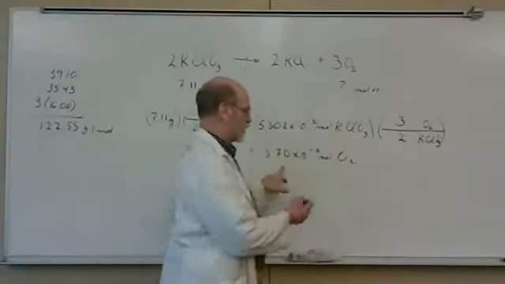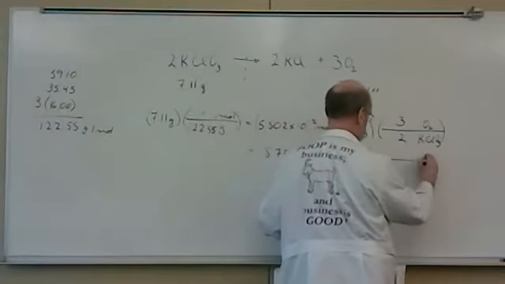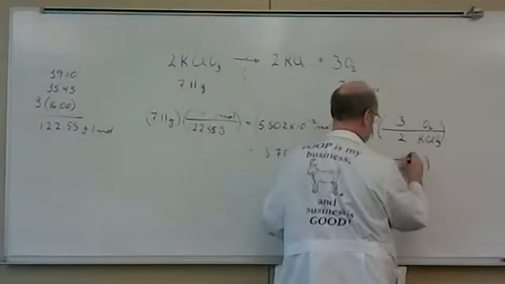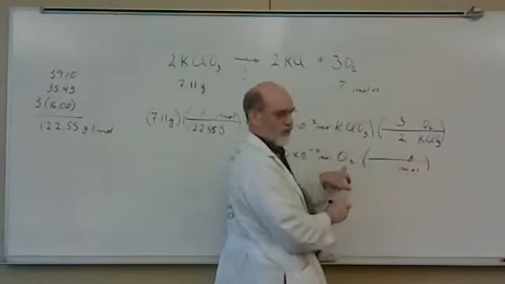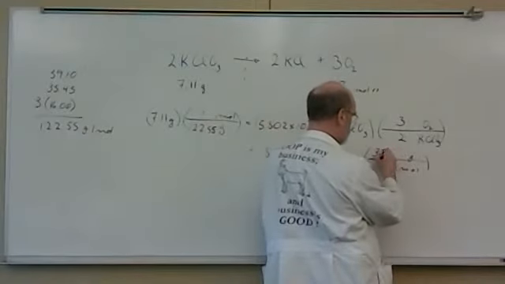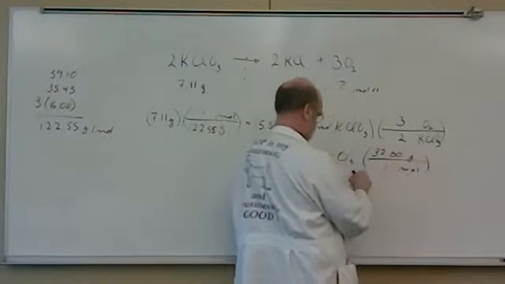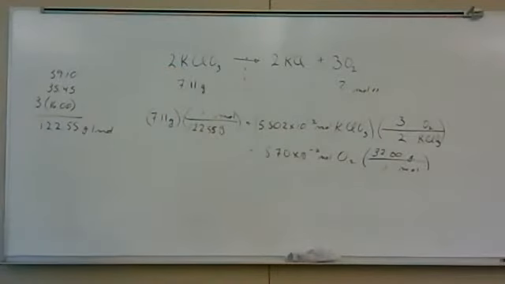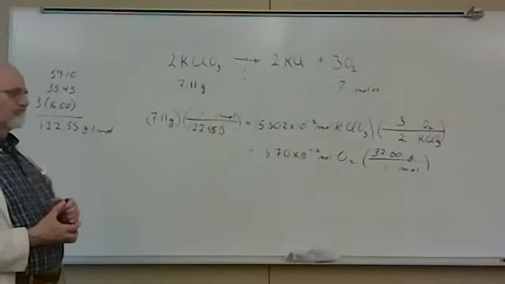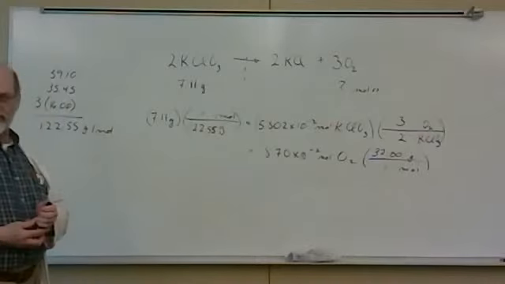If you know that many moles of oxygen, you can convert to mass of oxygen. You just need the molar mass of O2, which is 32, because you got 2 oxygens there, times that, and that's your mass of oxygen. Okay? That's why I hammered on conversion factors early on. If you don't know conversion factors, you might as well stick your head in the sand.